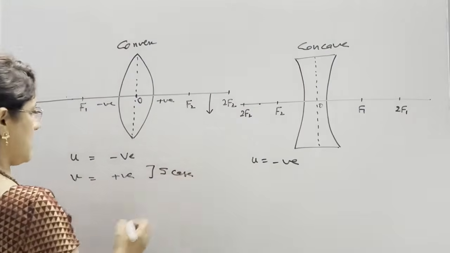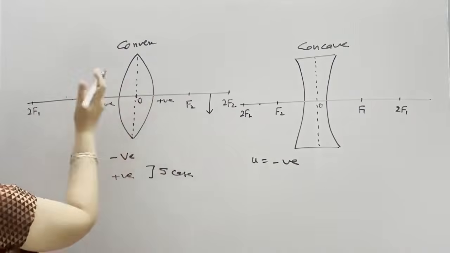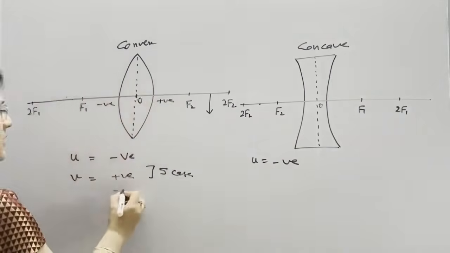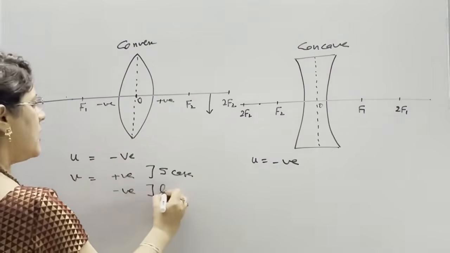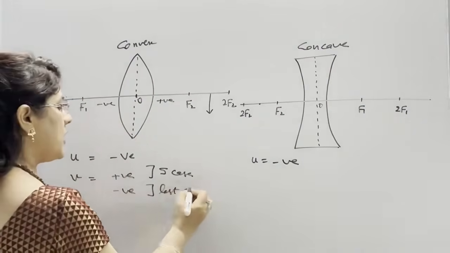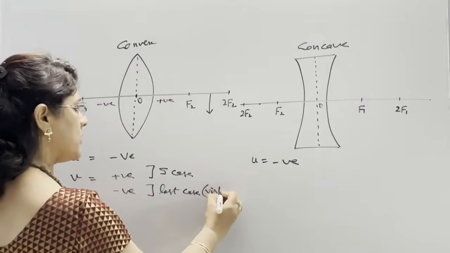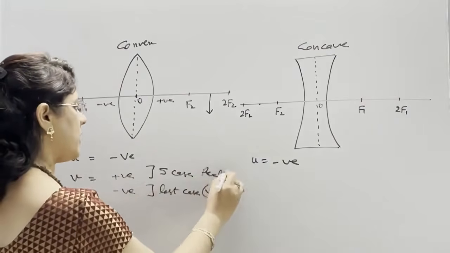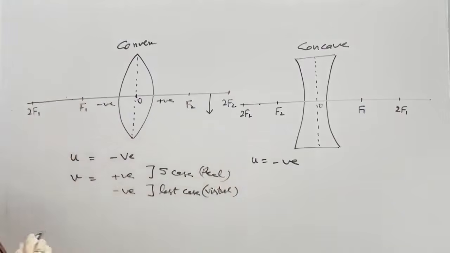And for the last case, when the image is virtual and it is forming on the left hand side of the lens, v is negative in only the last case because the nature of the image is virtual. In all the first 5 cases where the image is real and inverted, we are taking v as positive.